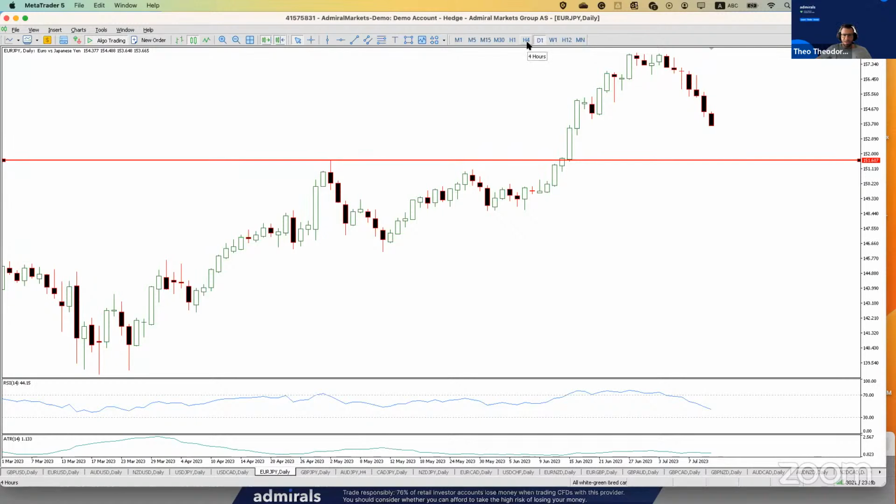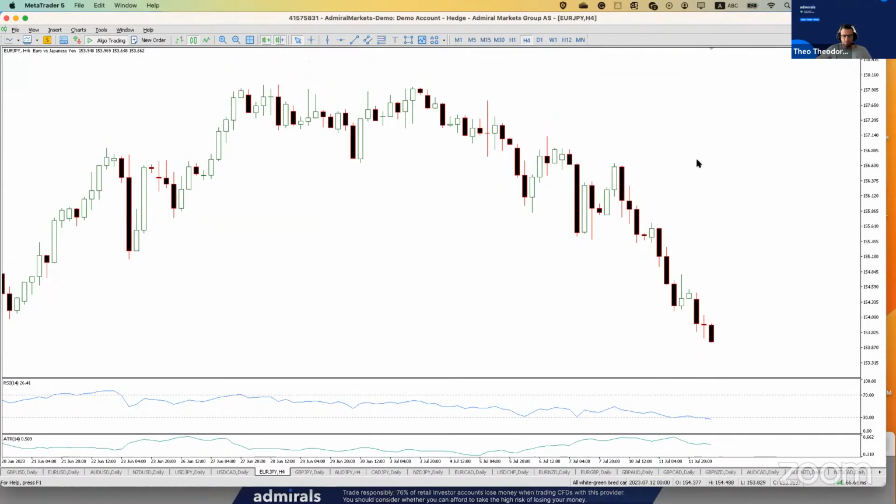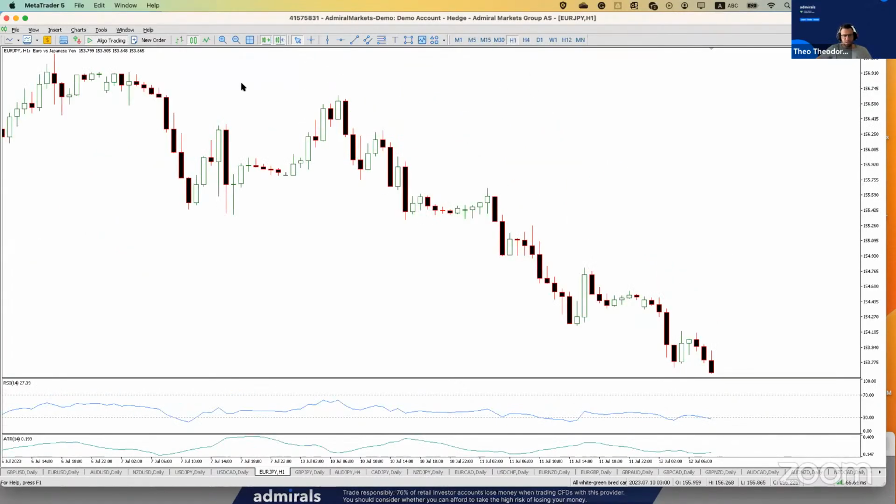Now, for me, entering on the daily chart, no opportunity arises here. But for you, maybe entering on the 4-hour charts, or for those who enter on the 4-hour charts, 1-hour chart, there are numerous opportunities. Market makes strong bearish impulse candles and then hovers around, that screams for a nice breakout.